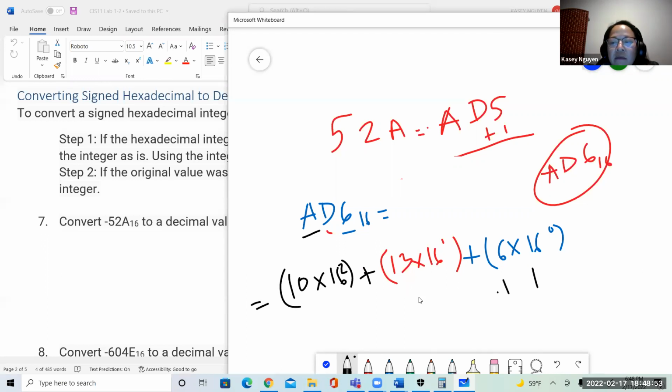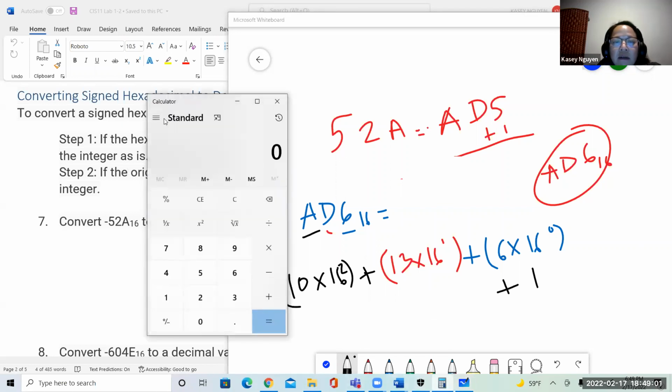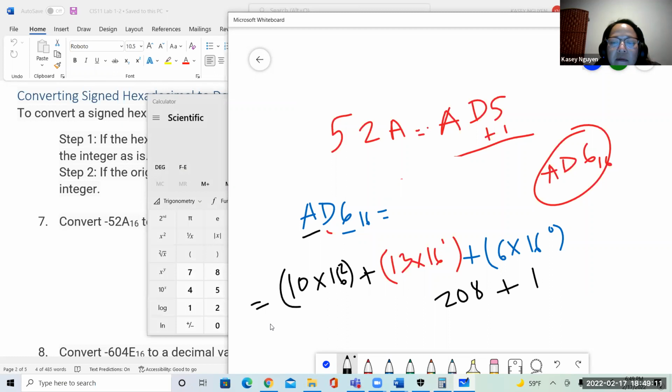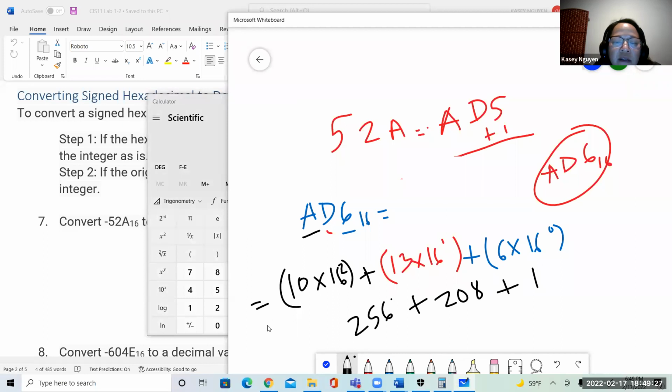And so this is 1 plus, right? 13 times 16 and so on. So you can take your calculator. 208 plus 16 squared times 10, 2560, and then you operate the addition, you would have your answer.